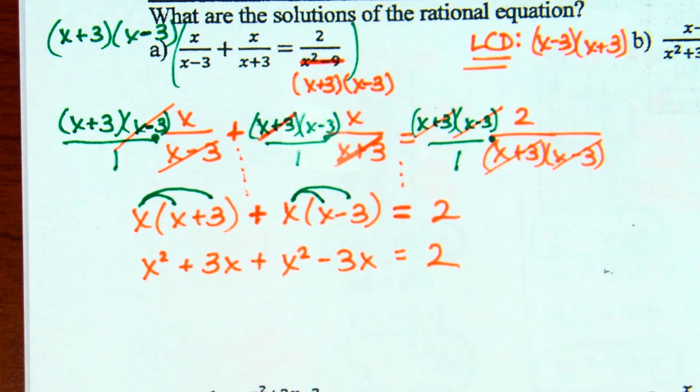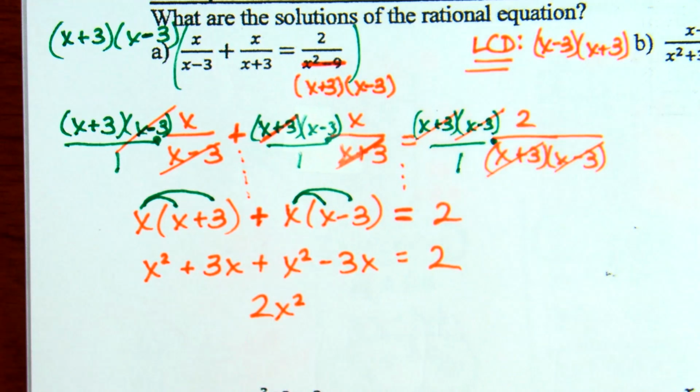What is plus 3x minus 3x? They cancel. That was nice of them, wasn't it? Okay. Equals 2. This problem's getting easier by the minute.